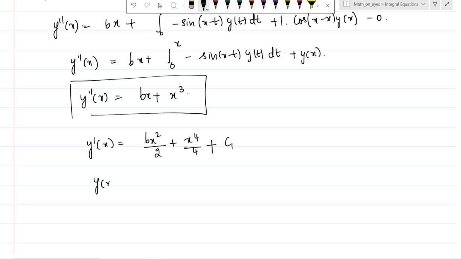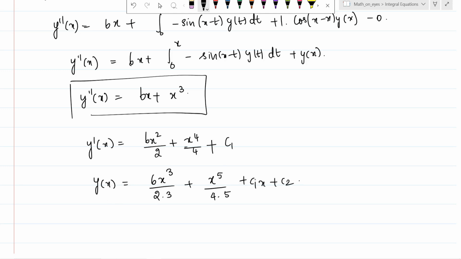And then y of x is equal to 6x cube divided by 2 into 3, that is x cube by 3 times 6, plus x power 5 divided by 4 into 5, plus c1 x plus c2. This is what our y of x is.